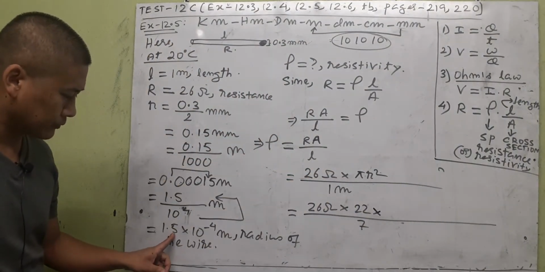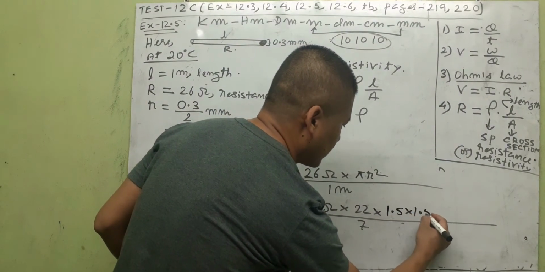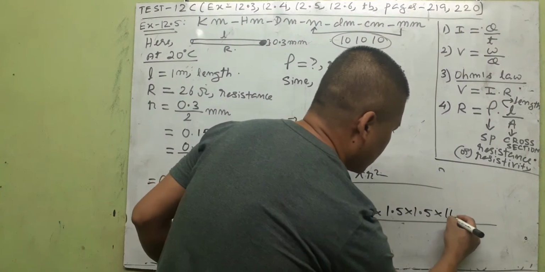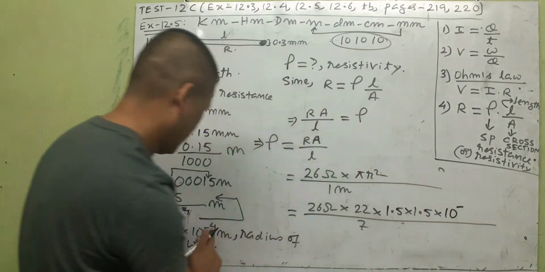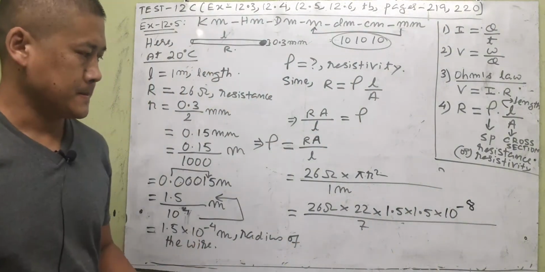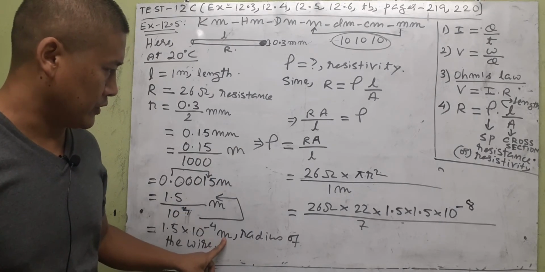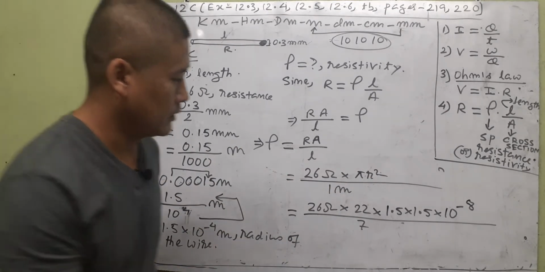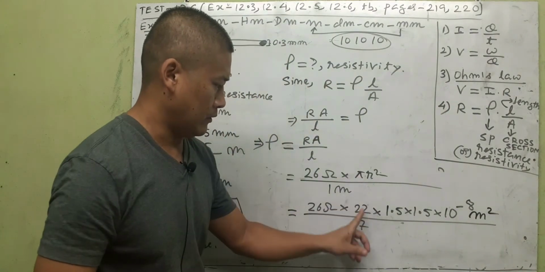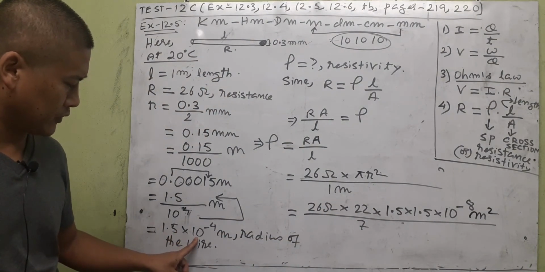So r square means 1.5 into 1.5, times 10 to the power minus 4 into 10 to the power minus 4.